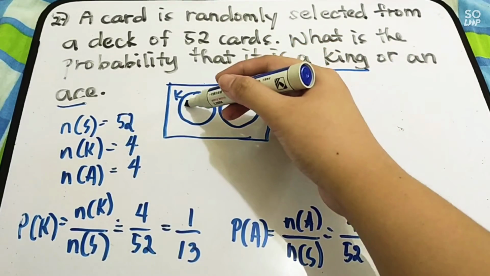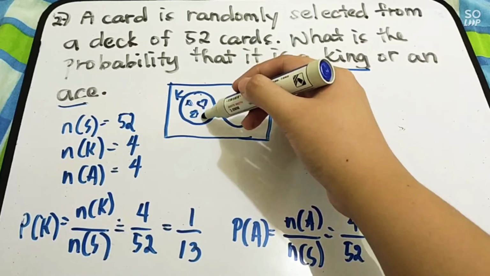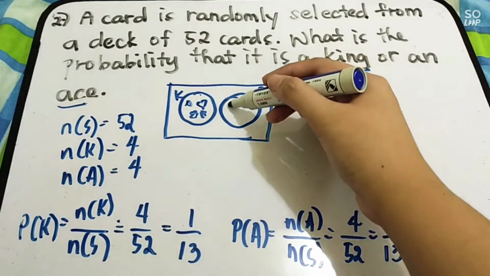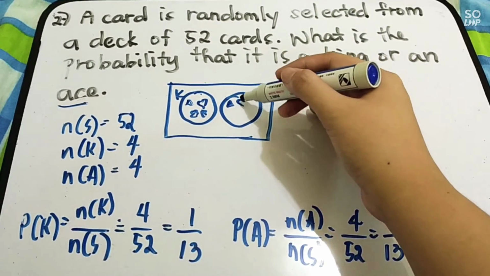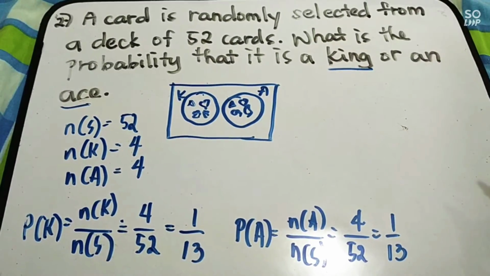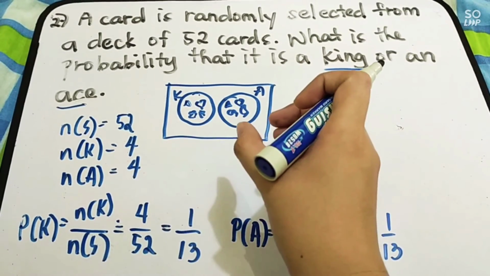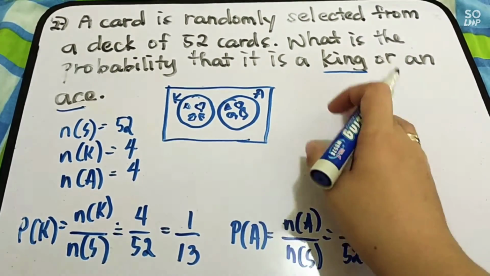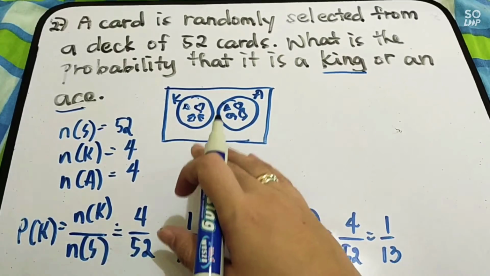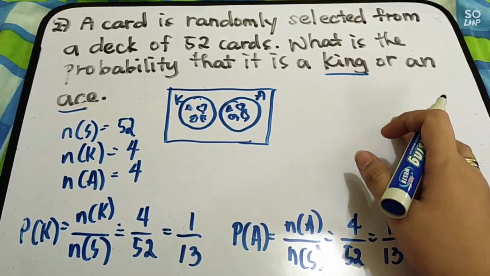So, yung King of Diamonds, King of Hearts, King of Clubs, King of Spades. Ito naman, Ace of Diamonds, Ace of Hearts, Ace of Clubs, then Ace of Spades. Okay? So, hindi sila nagka-tamang dalawa. Kasi they didn't intersect to each other.